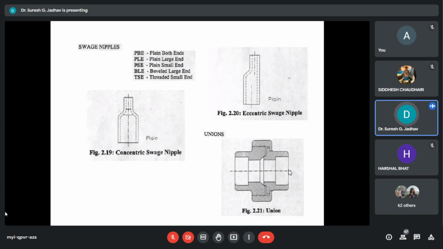So that kind of ends are used for swage nipples, and swage nipples are used to maintain the outside face for such systems.